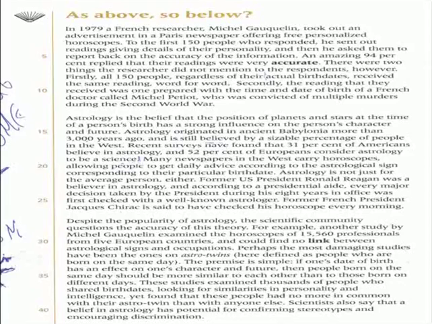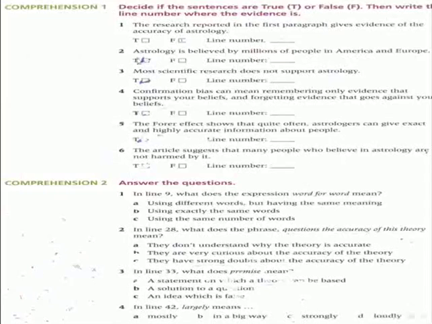Let's go on to the next question, number 2, here. Right, question number 2. What does it say? Astrology, that's a kind of science related to the star signs. Okay, we call it astrology. Astrology is believed by millions of people in America and Europe.